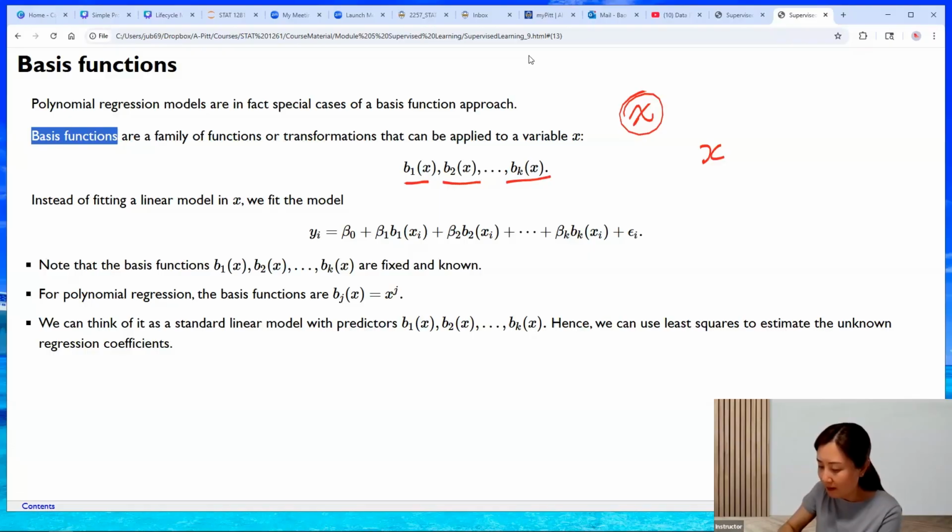So for example, we can create a model like this with k basis functions. And the polynomial regression model is a special case of this basis model, because we can just let b_j(x) be x to the j, right? Then if the degree is d, there will be d polynomial terms, including the first one.